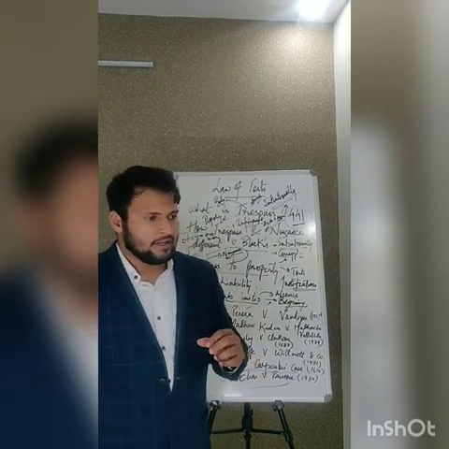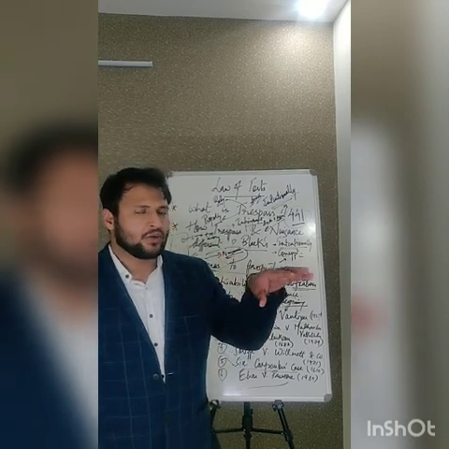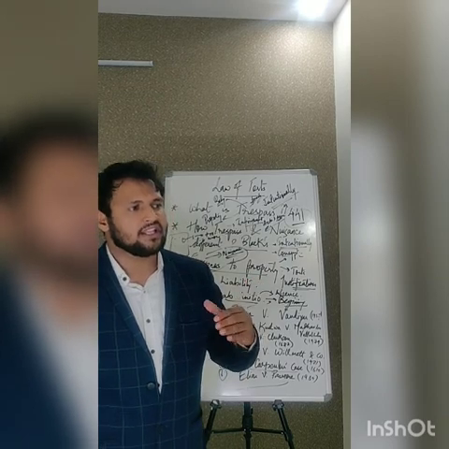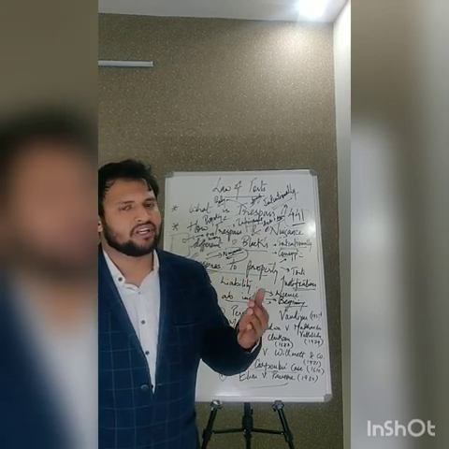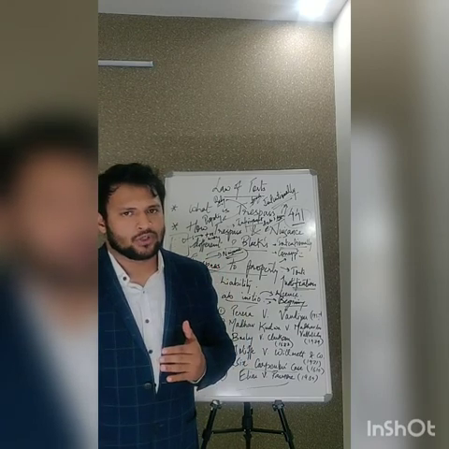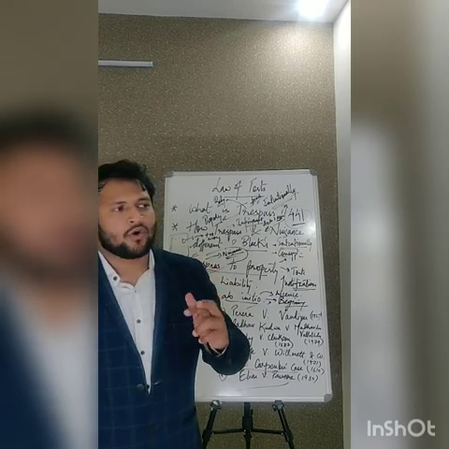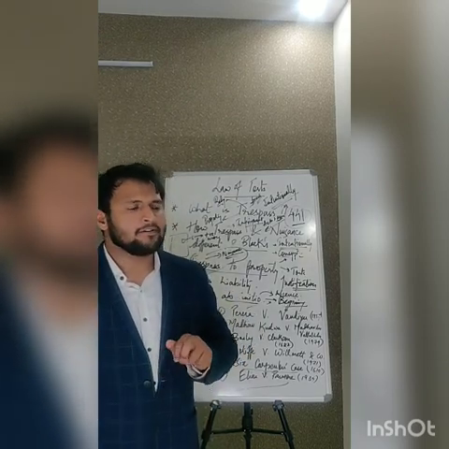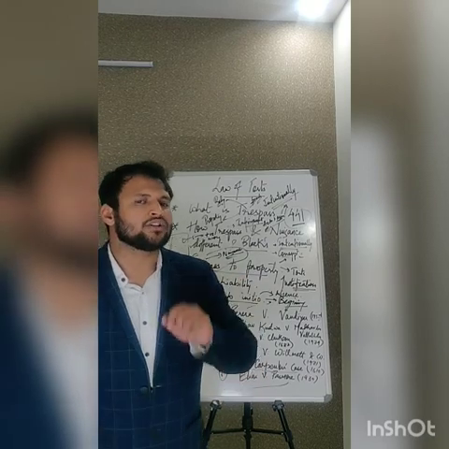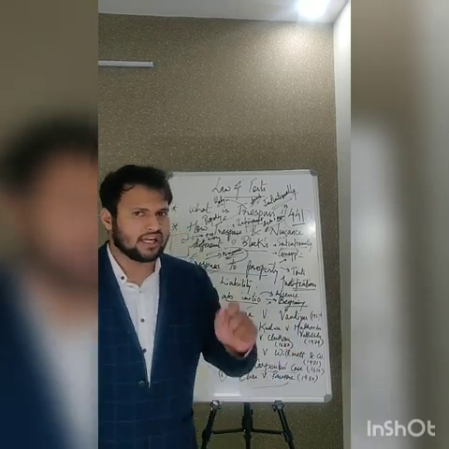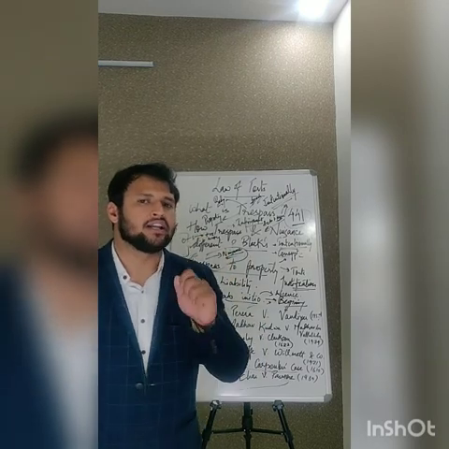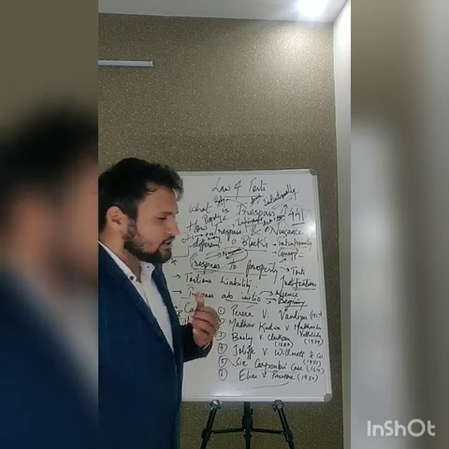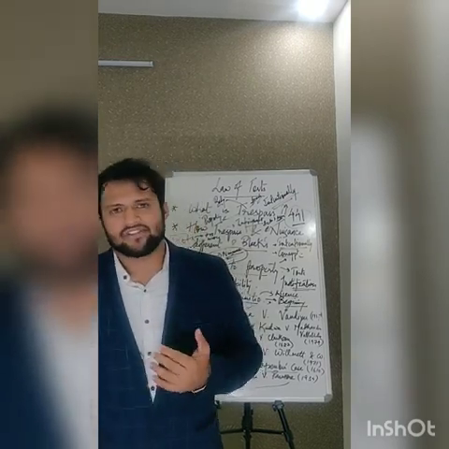For example, if my tree's branches are going to my neighbor's place, and I have taken the license, that means I have taken the permission of my neighbor to cut those branches, and for cutting those branches I need to enter my neighbor's property. Now, if I enter my neighbor's property, he cannot say that I have done trespass. Why? Because I have the license, and the license is what? The consent.